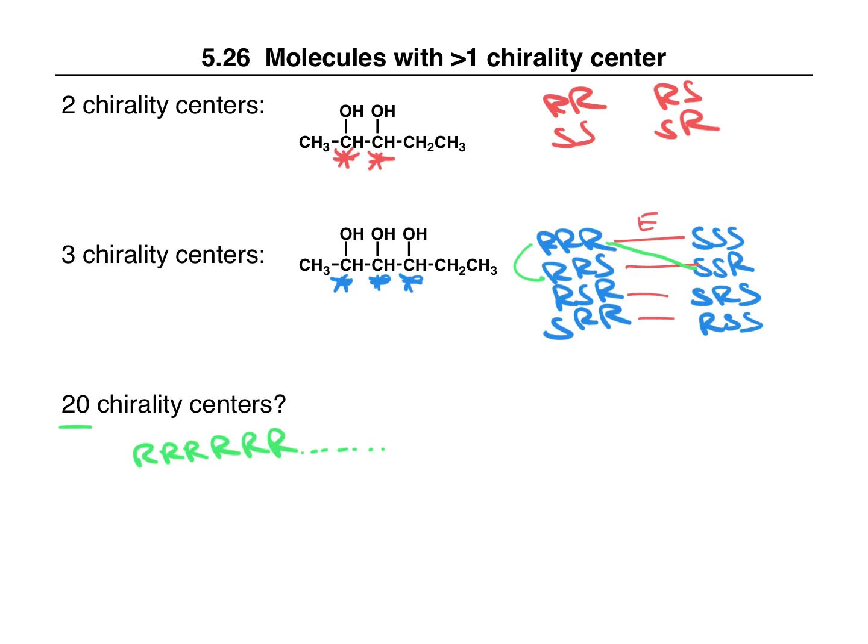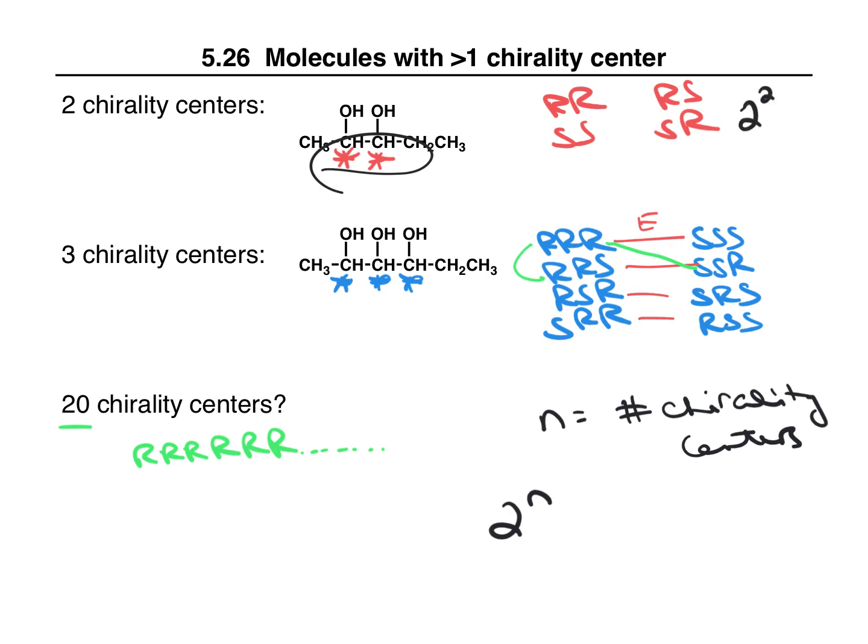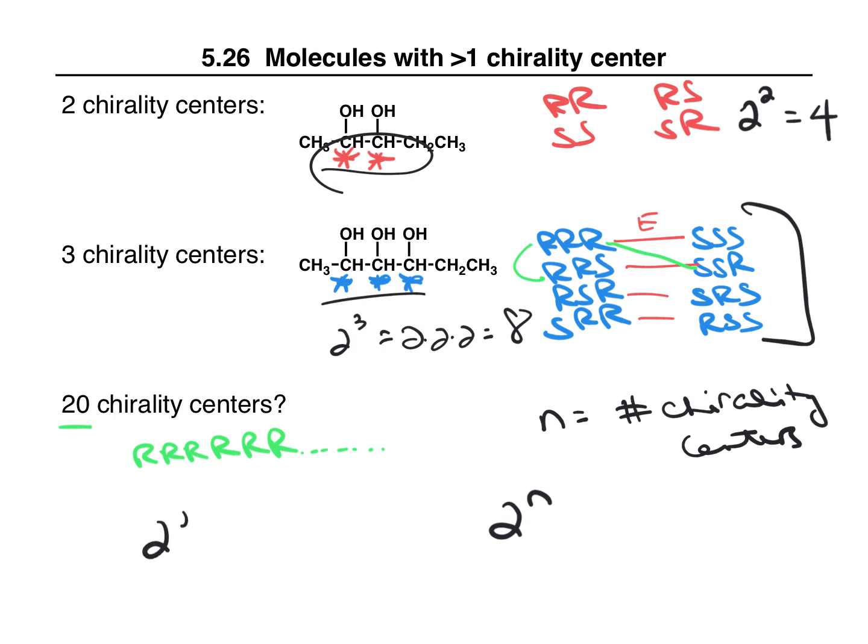So what we need to know instead is that if n is the number of chirality centers, then the maximum number of stereoisomers is 2 raised to the n. Here we had 2 chirality centers, 2 raised to the second power is 2 times 2 equals 4. Here we have 3 chirality centers, so 2 to the third power is 2 times 2 times 2 is 8, and that's how many we have here. 2 to the 20th is 2 times 2 times 2 times 2, 20 times, and this is 1,048,576.